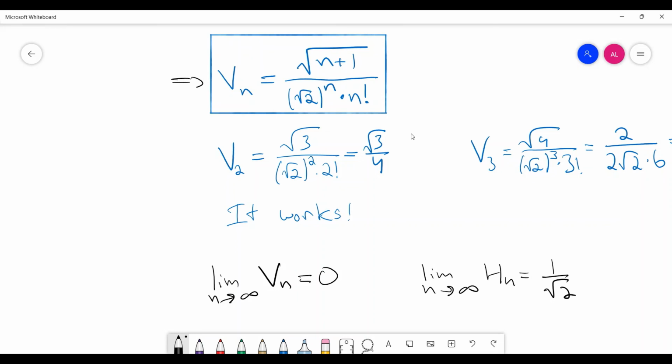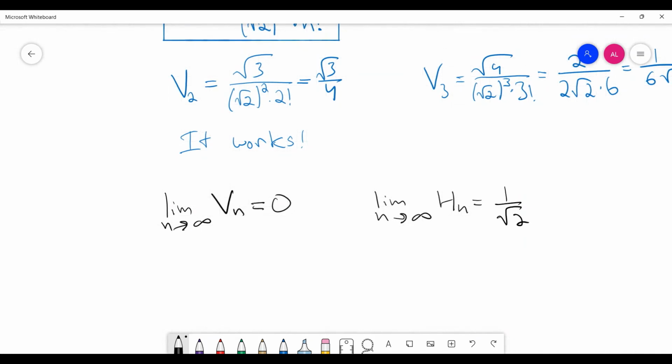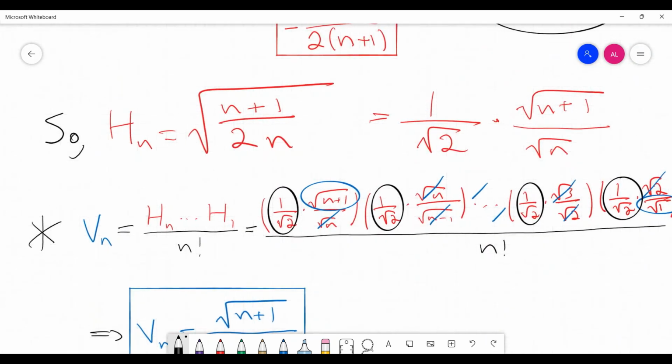That's kind of interesting that the simplest shape in an infinite dimensional space, if you want to take it to the limit, actually occupies 0 units of space. And then the height, on the other hand, approaches a non-zero value, because the height is the square root of n plus 1 all over 2n, if we go up here to what the height was.